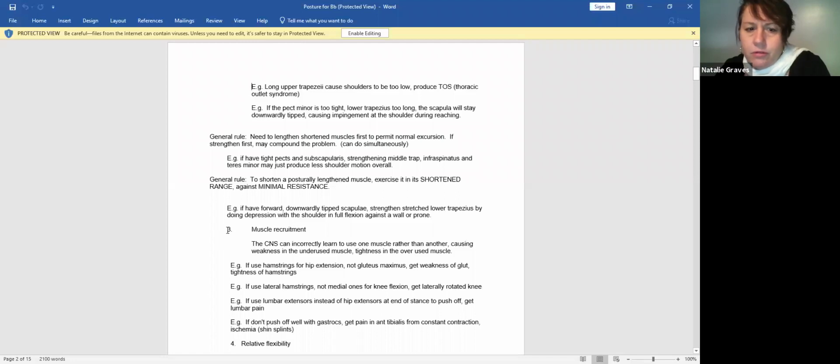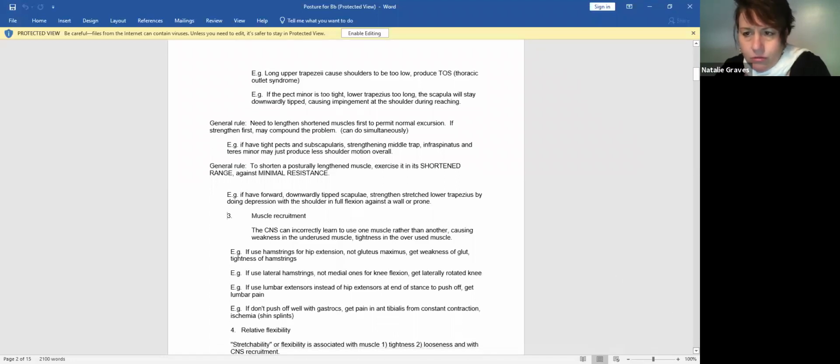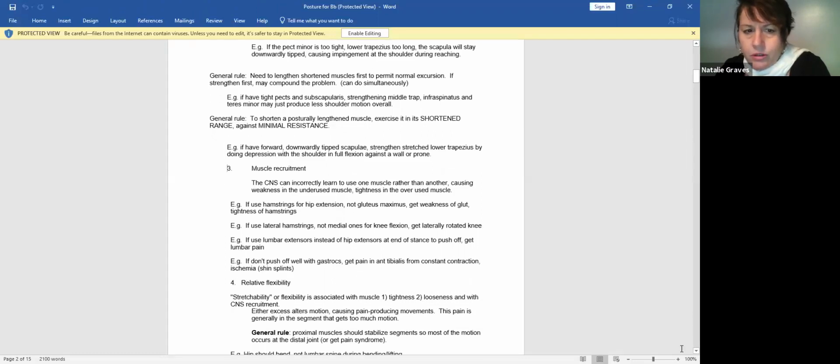For muscle recruitment, this is interesting because if any of us, you or your patients, have a muscle that is too strong, the central nervous system will incorrectly learn to use that muscle. It's kind of like the body takes the path of least resistance.